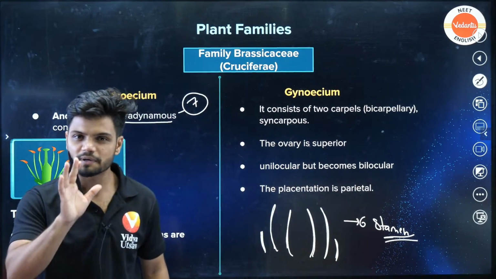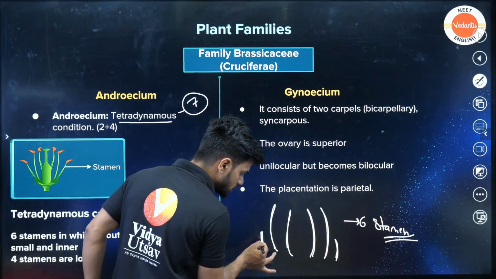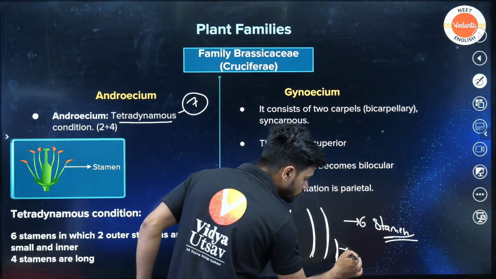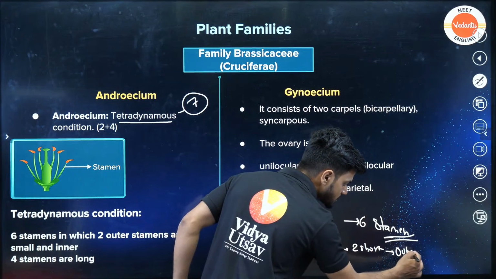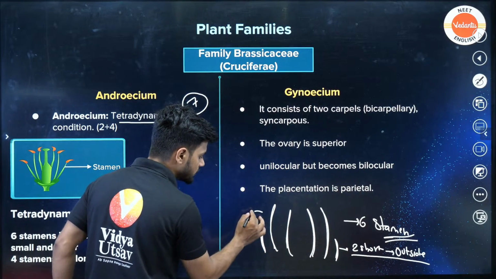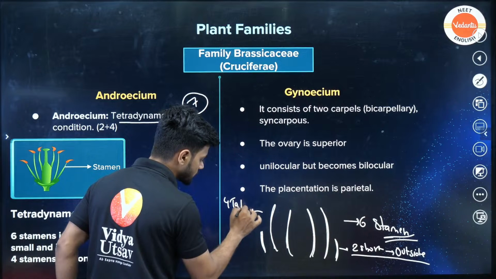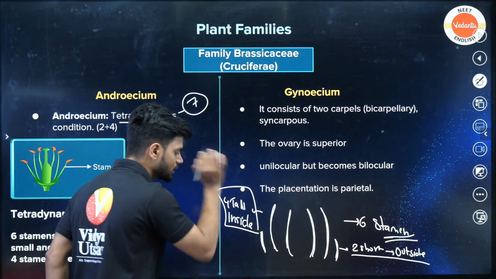Now this 6 stamen arrangement is very important. If you notice the arrangement of your stamens, the 2 short ones are on the outside, and the 4 tall ones are on the inside.